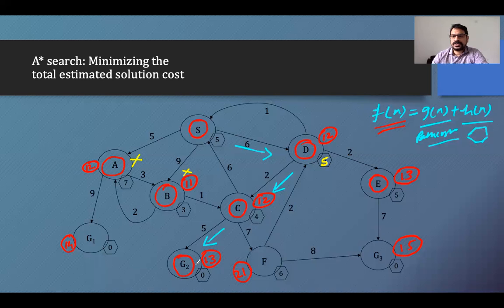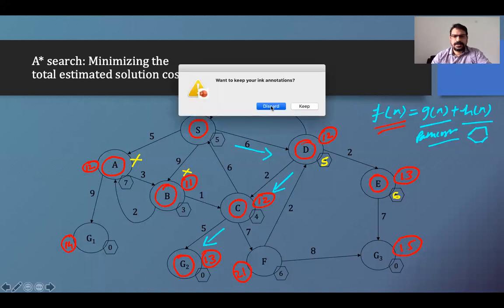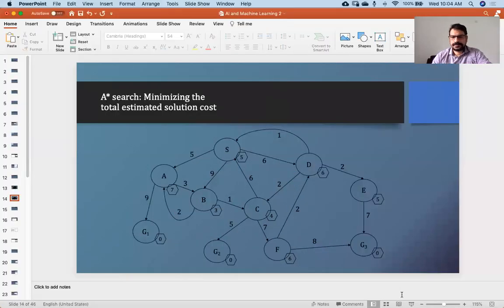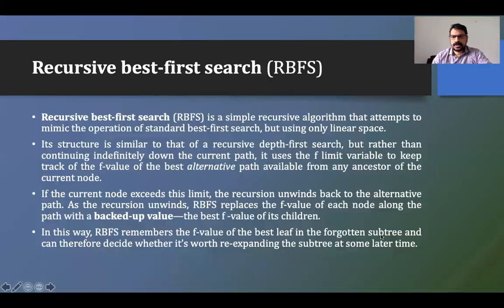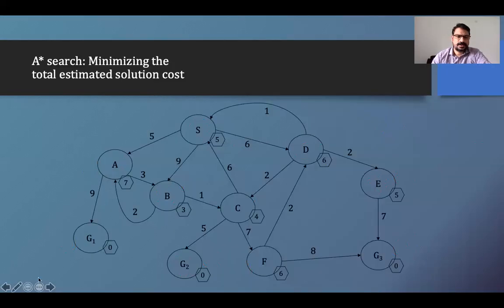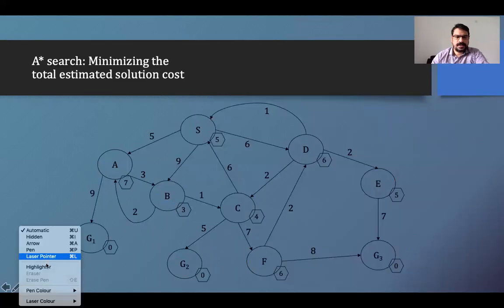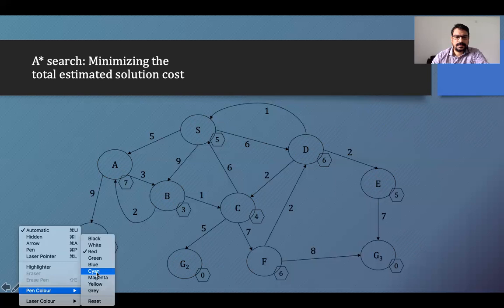Okay. So this is how it will work. And we can do the fine tuning here. We can increase here. So it will be 5, it will be 6. Okay. So let me do that. It will be more understandable. What I'm doing is a small modification in the heuristic value.